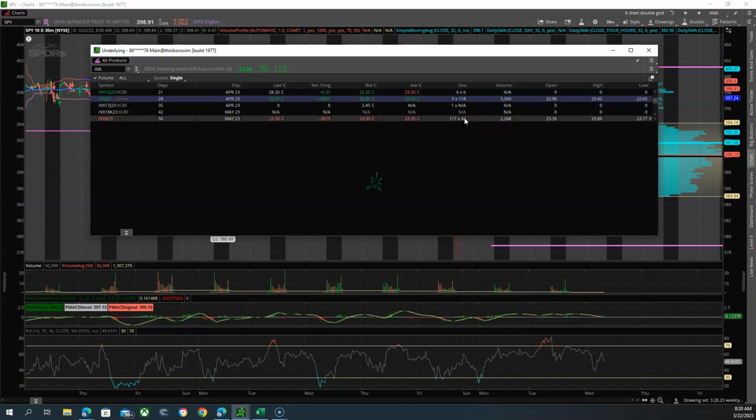Down to May, where we actually start to see that backwardation again, where the May expiration dips down to 23.30, which means there could be some trouble waiting for us in April.